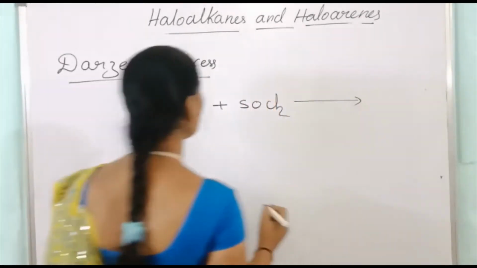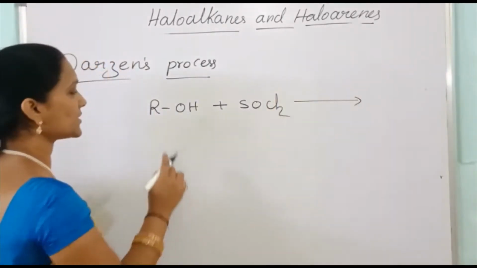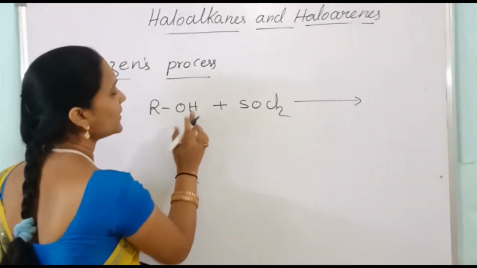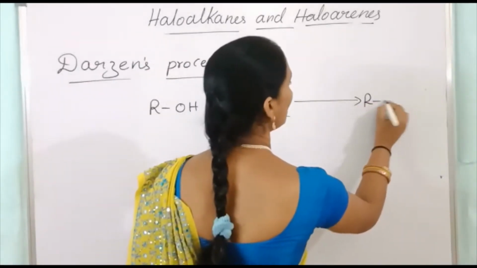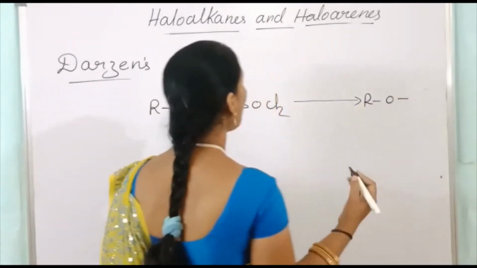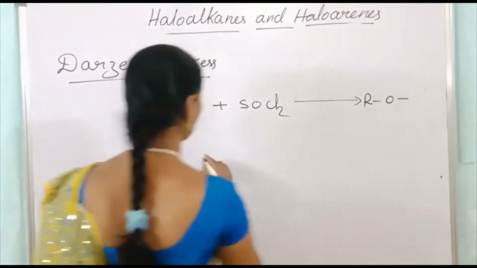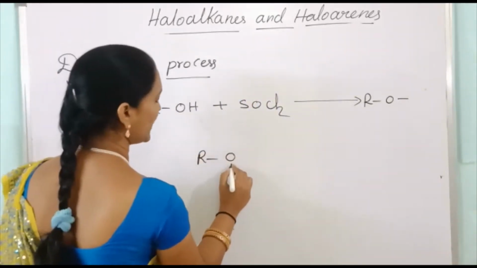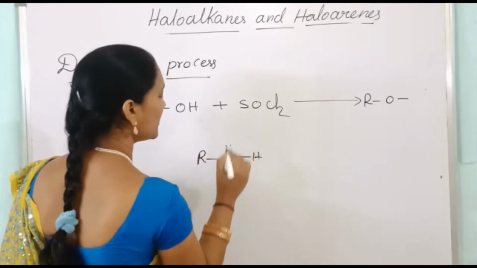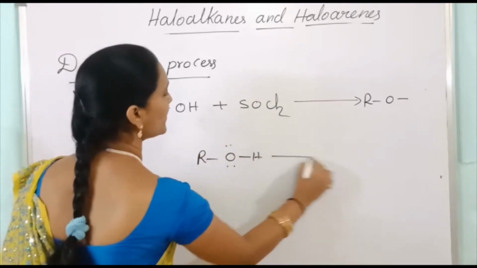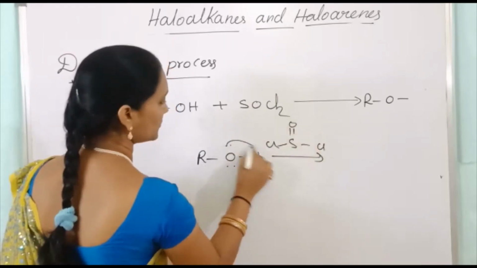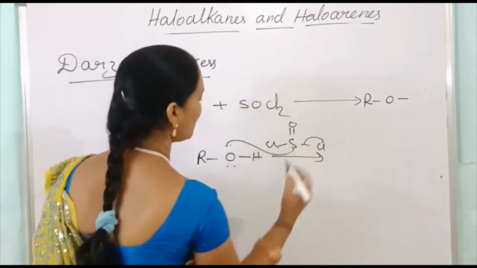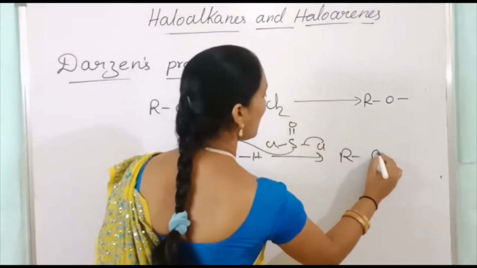Now here what happens? We already discussed this in the last video. H is replaced, and Cl is eliminated as HCl. Now it gives one intermediate, ROSOCl. How does this elimination happen? Initially, in ROH, the lone pair of electrons on oxygen is donated to SOCl2. Now Cl minus elimination takes place.